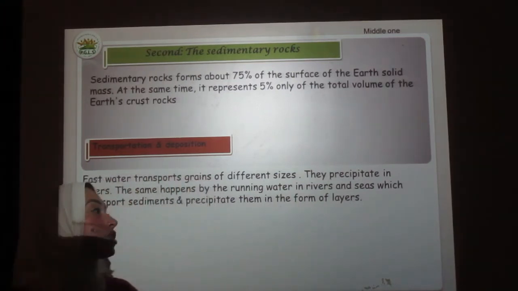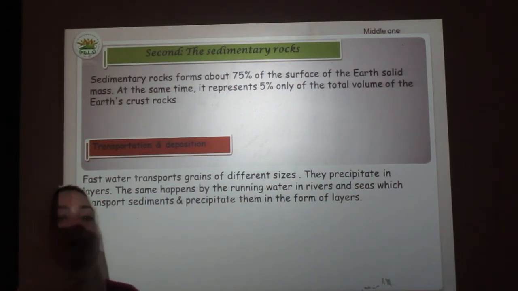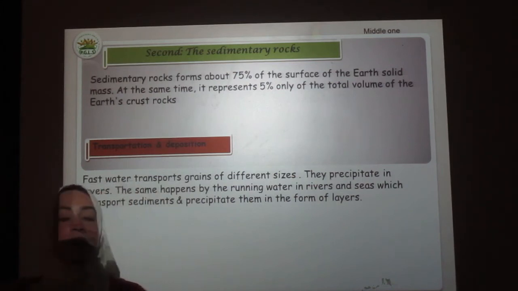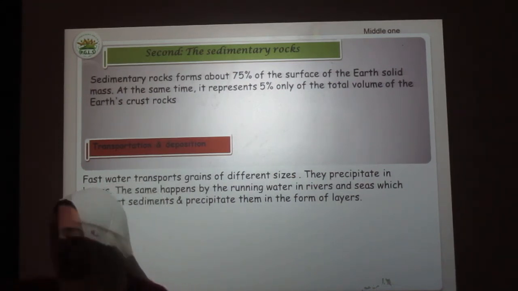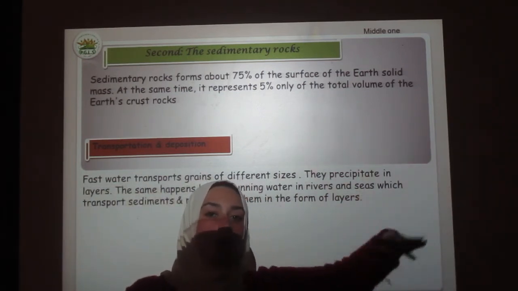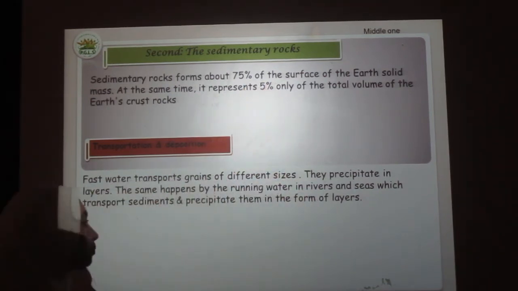So how did the sedimentary rocks form? They form by fast water. It transports the grains with different sizes from one place to another, and they precipitate them in the form of layers, one after another. Okay.